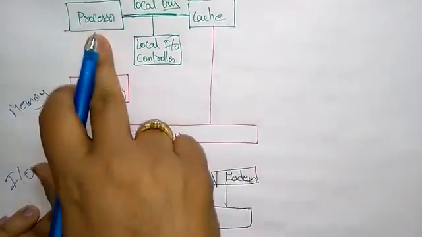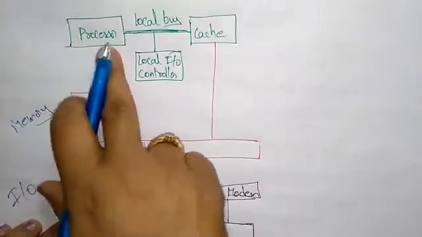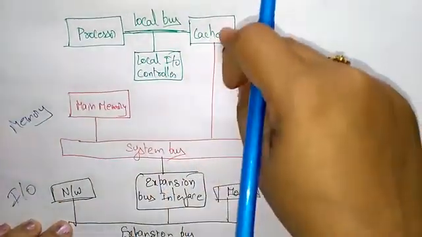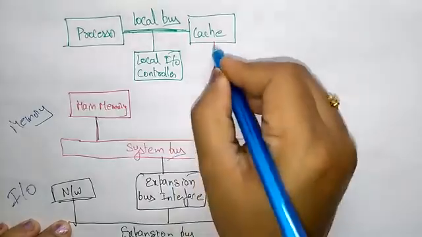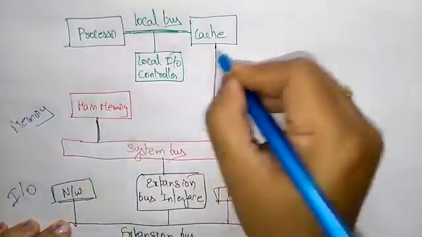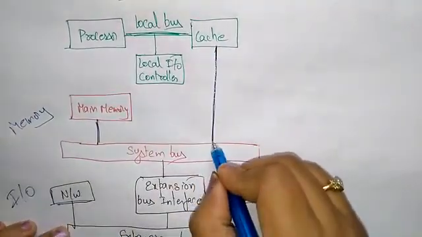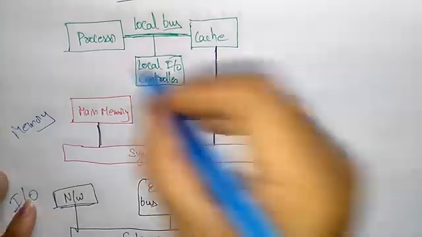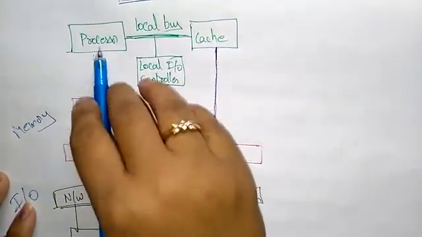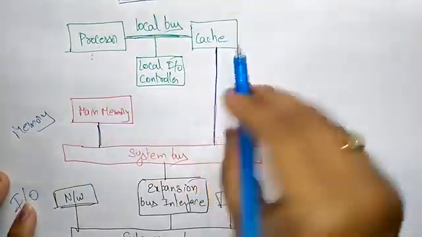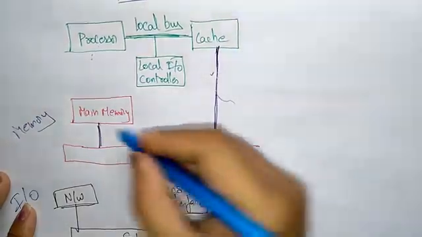Whatever the processor is doing, it first sends to the cache. The cache is connected to the system bus. The cache is also a memory. Whatever action the processor has to perform, or whatever data the processor sends, is stored in the cache, and this cache is connected to the system bus.